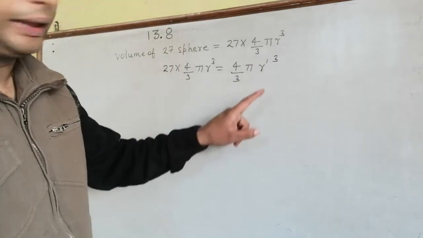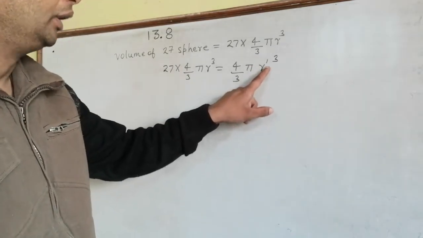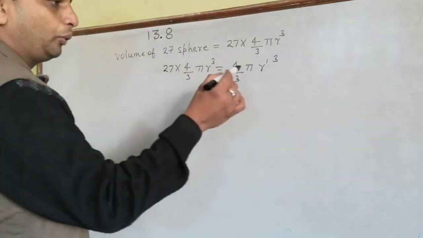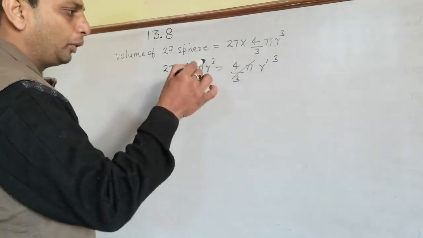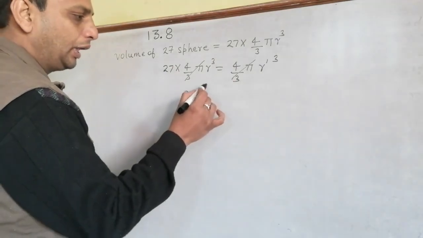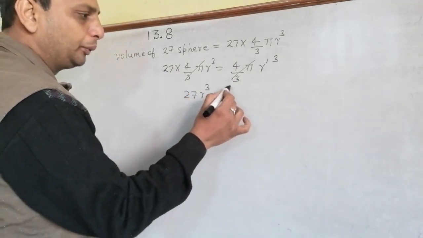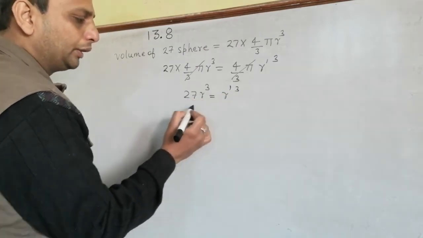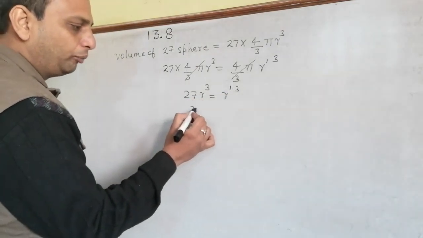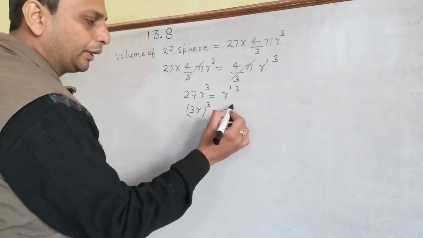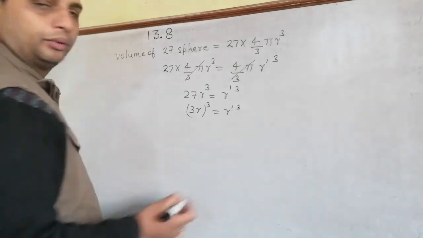Why have I written this r dash? Because it is written in the question, the new sphere has the radius r dash. So 4 upon 3 pi cancel. So 27 r cube will be equal to r dash cube. Now this 27 we can write in the form of 3r whole cube, and this is r dash cube.